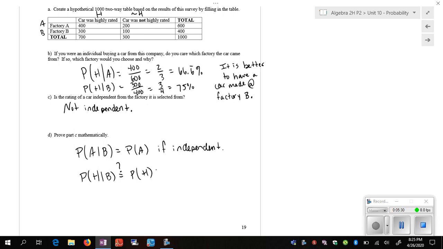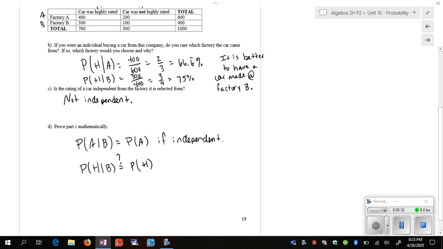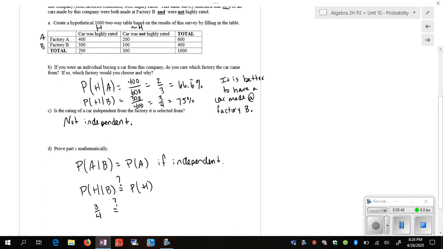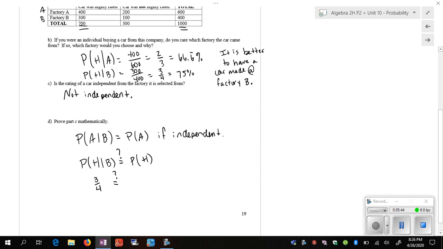So let's use numbers. The probability of H given B, we already calculated that. That was 3/4. The probability of H, well, the probability a car is highly rated, that's 700 out of 1,000, or 70%, or 7/10.